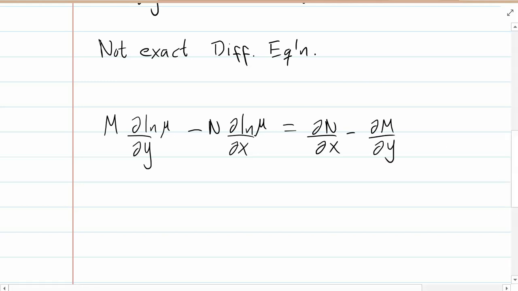Now I already have these two derivatives, and I have the initial suggestion that mu is a function of x. That means that the partial derivative with respect to y is 0.